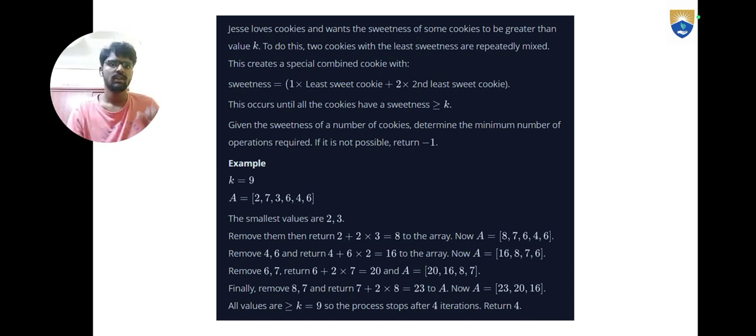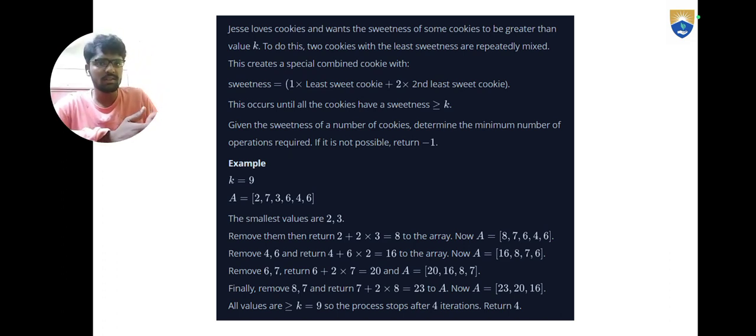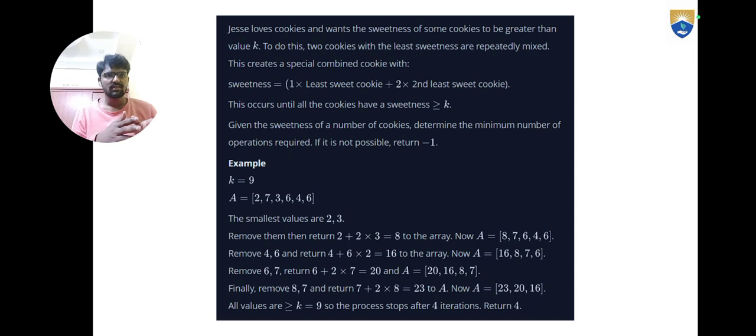Basically, Jessie has some cookies. What is she telling? Every time she mixes the cookies, we can see the equation: 1 times the least sweet cookie plus 2 times the second least sweet. Let us say I have a set of cookies. One is less sweet.